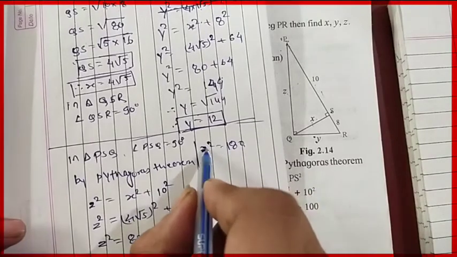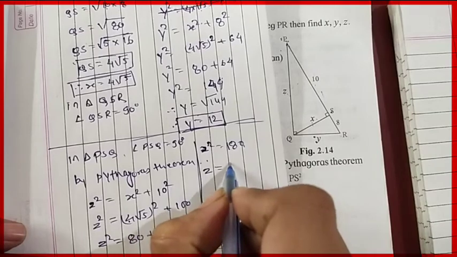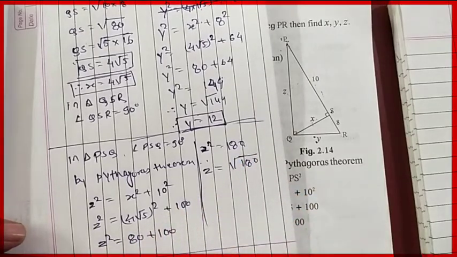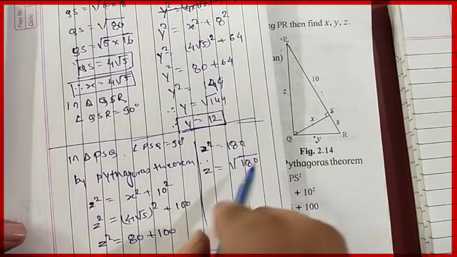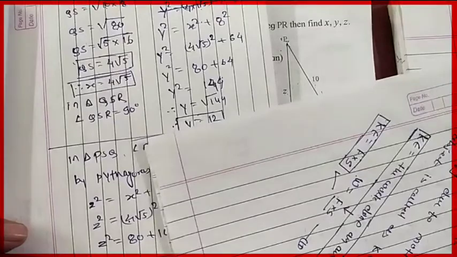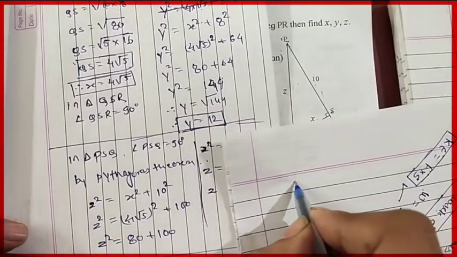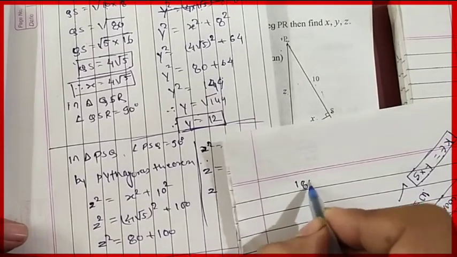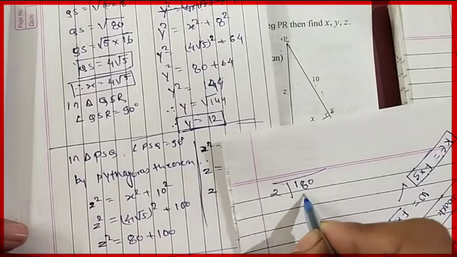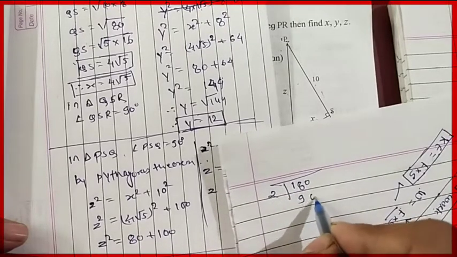Now we have to cancel this square, so taking root on both sides, we can write z equals root 180. Now we have to calculate the value of root 180. Okay, so we are solving in a simple way. See, we take 180 and divide it by 2. So 9 2s are 18 and 0.